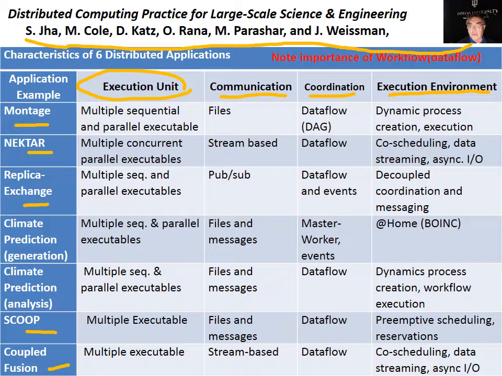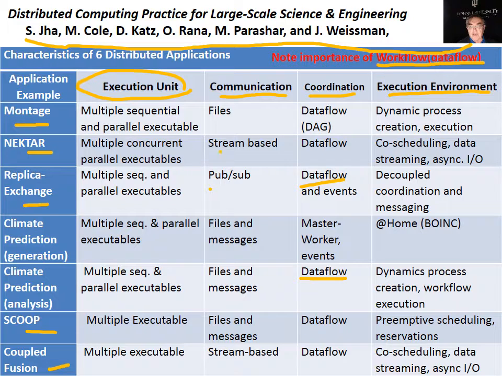And if you look at characteristics, you will see that there's important use of data flow, which is roughly the same in our context as workflow, which is needed to link different jobs together.